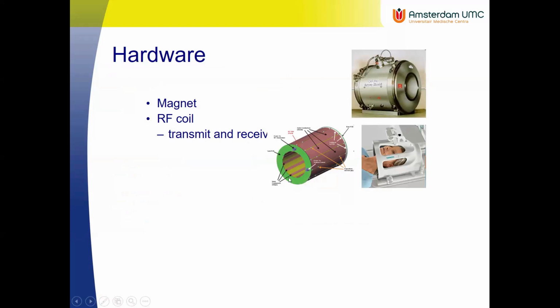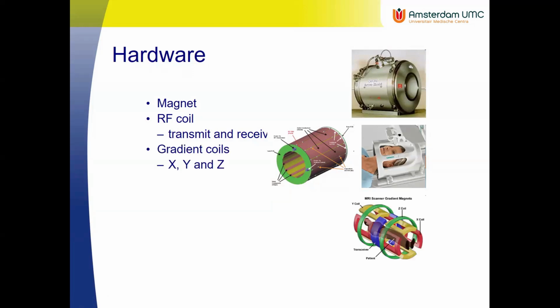The transmit coil is usually built into the scanner, into the magnet. And the receiving coil, which is the one we pick the tiny bit of signal up from the brain with, is a dedicated coil which is as close as possible to the source of the signal, which is in this case the brain, the head. So it's a very tight coil.